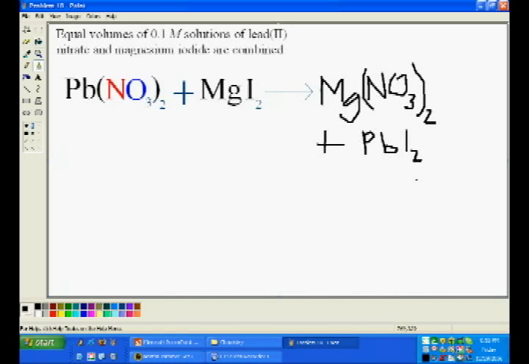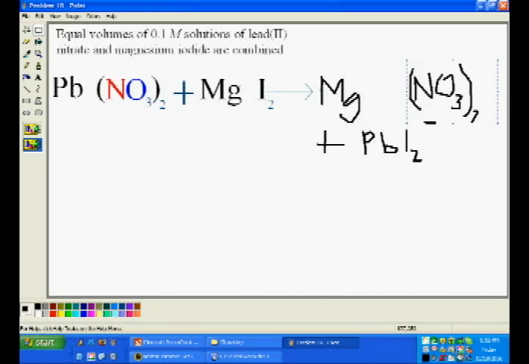Now split the reactants into their ionic forms if they are soluble. Lead nitrate and magnesium iodide both dissolve. The product, magnesium nitrate, also dissolves. Lead iodide stays as a solid.